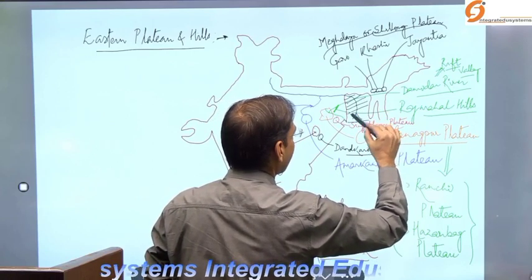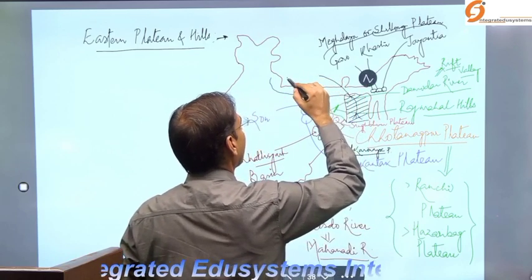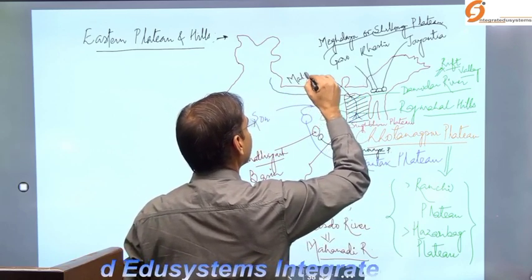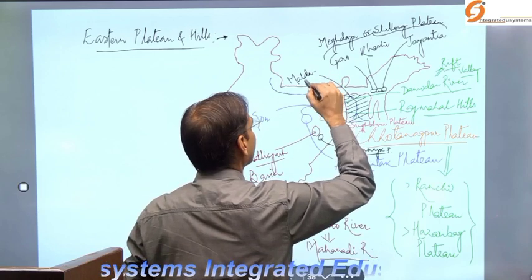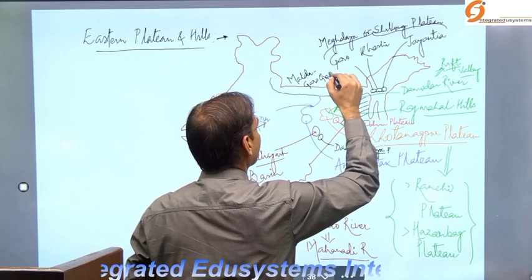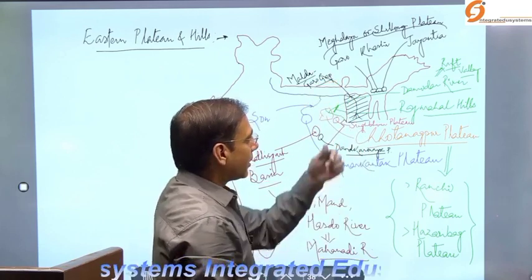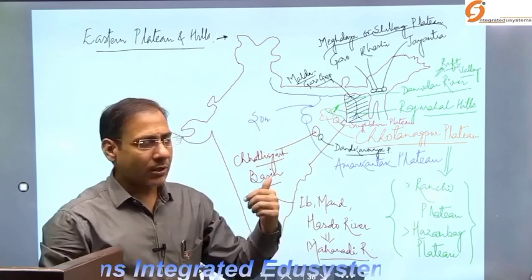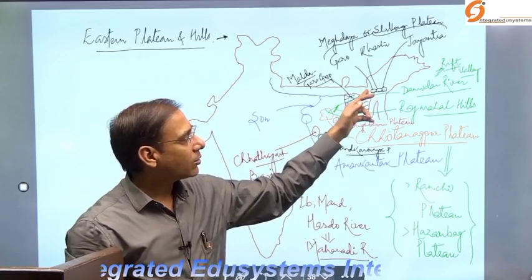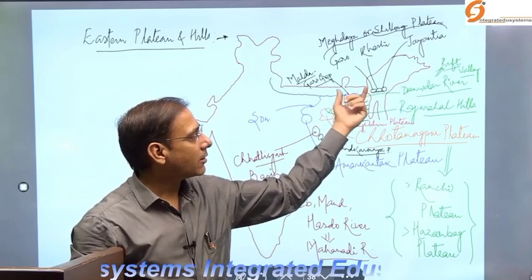What do we call it? Malda Garo gap. Here there is a place in Bengal, Malda, and this is the Garo, which is part of the Shillong plateau. So it is known as the Malda Garo gap.